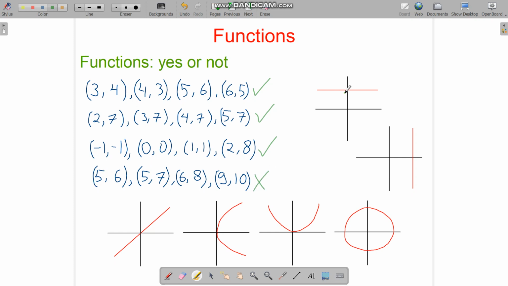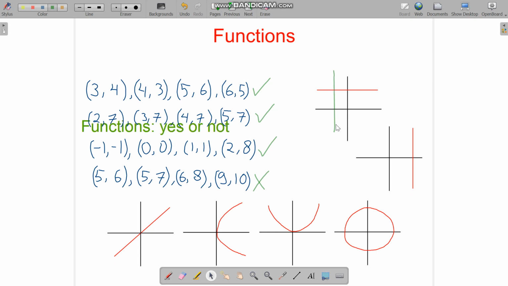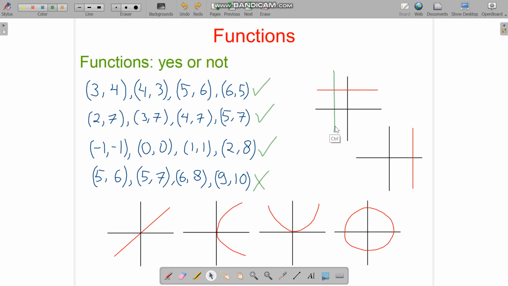If we draw a vertical line, wherever this vertical line is, you see we have only one point of intersection between the testing green vertical line and the red straight line in the graph. So one intersection, not more than one intersection, means we have a function. So this is a function.